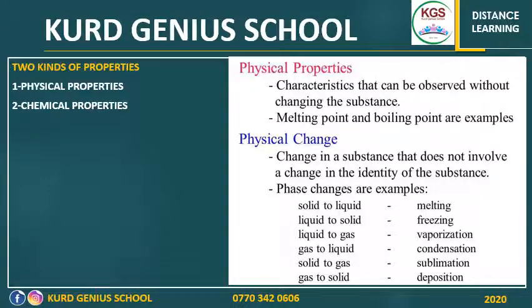When the liquid changes to gas, it is called evaporation or vaporization. That means the substance just changes from the liquid state into the gas state. We don't have a great change, only the state changed from one state into another. So when the states of matter are changed, we have a physical change because only the states are changed.